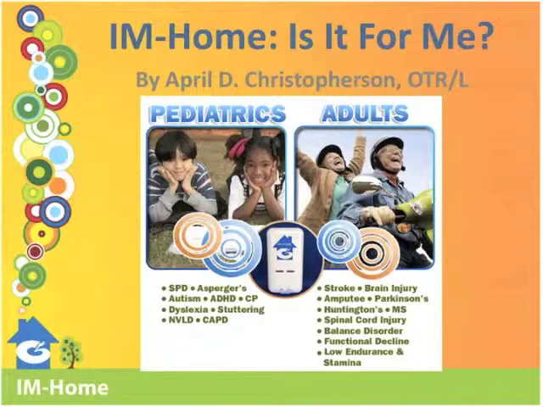As we move into the adult realm, what we see more often is stroke, brain injury, Parkinson's, amputee, Huntington's, multiple sclerosis, spinal cord injury, balance disorders, functional decline, dementia, and low endurance and stamina. Don't forget that several of the pediatric disorders can also be applied to the adult population. It's just that we tend to see these diagnoses more in the pediatric realm.